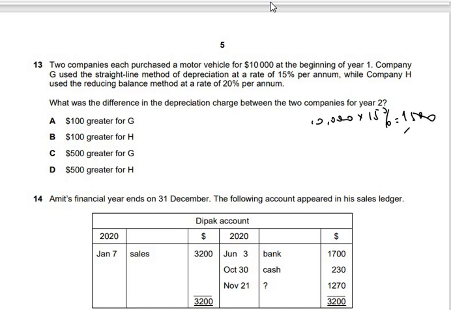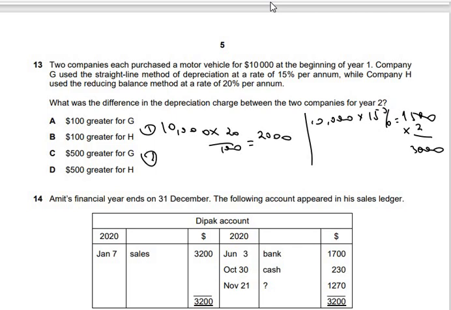Now, because it's a straight line method, 2 years, it's 3,000. Well, company B is 10,000 times 20 over 100, which is 2,000. And the second year, that is year 1. For year 2, remember, if you're using a reducing balance method, we have to calculate the depreciation on the net book value.